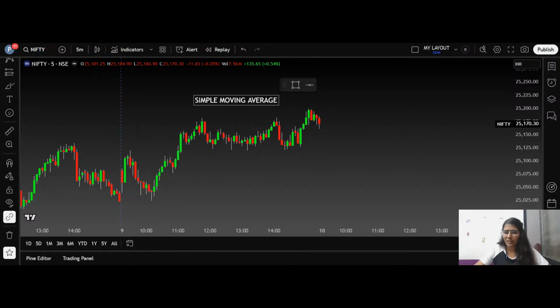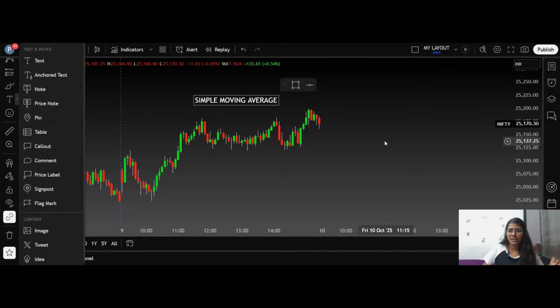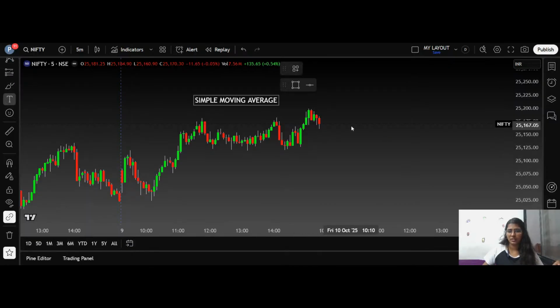A simple moving average indicator is nothing but, you know what normal averages are? When you take the average of three numbers, suppose I am taking the average of three numbers here, like 1, 2, and 3. What will the average of these three numbers be?